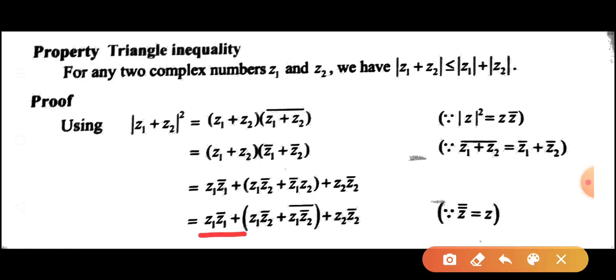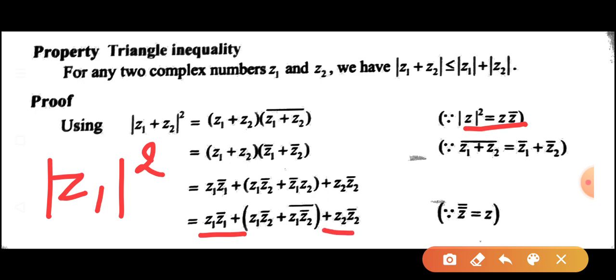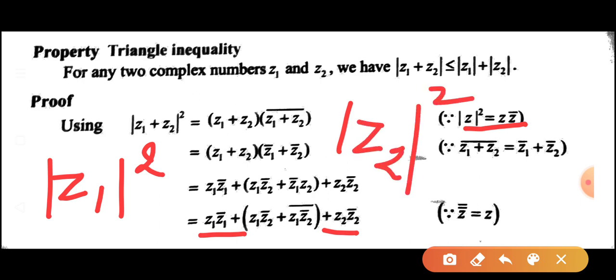Next, modulus z square equals z into z bar, so z1 into z1 bar is modulus z1 square, and z2 into z2 bar is modulus z2 square.